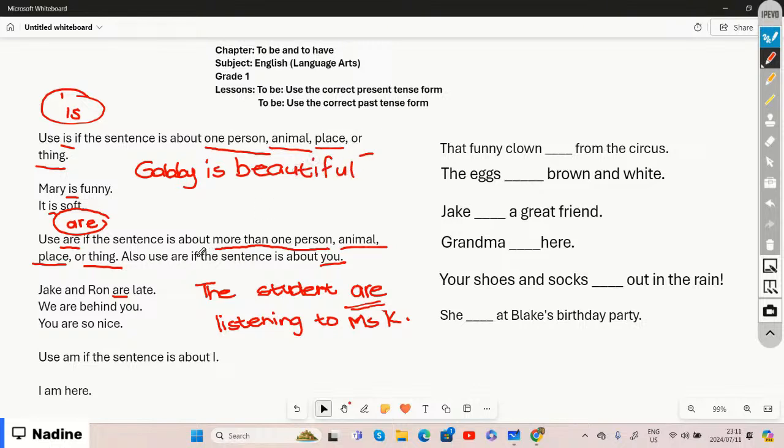So we say Gabby is beautiful. Or if we were to make mention of more than one person, more than one girl, then we can say Gabby and her sisters are beautiful, because we're referring to two people. But if we're referring to one person, we use the word is. If we're referring to more than one person, we say are.